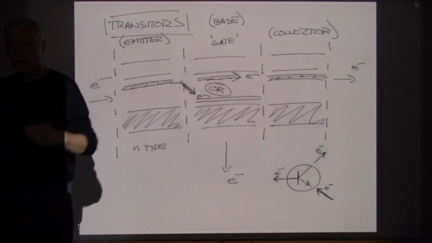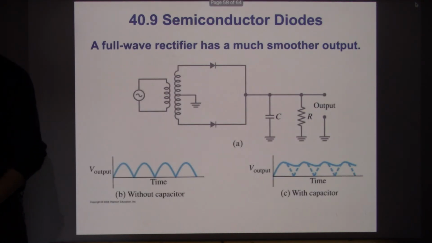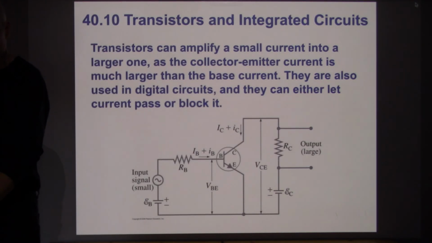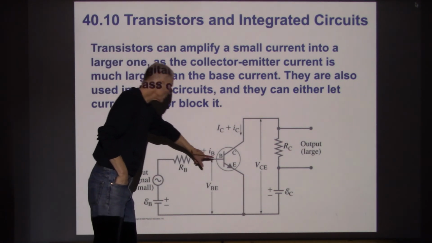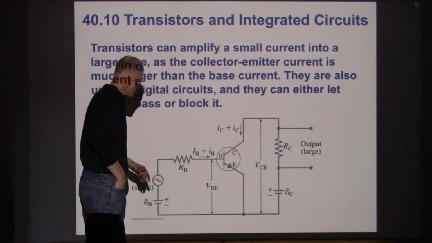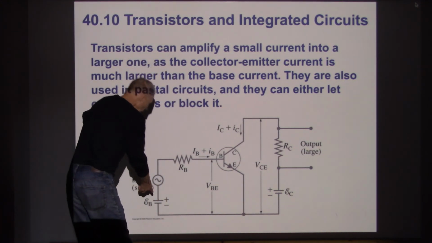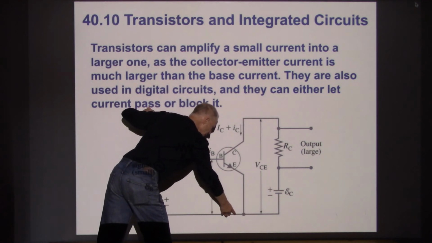So if we go back and look at the circuits here, let me go back. Oh, here's a good one. So let's say that we have a circuit here. Now, let's not think of the arrows so much. Let's look at the batteries. So this battery is providing electrons in this direction.